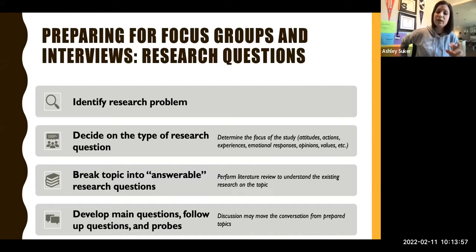With your qualitative questions, they'll be a little different, but again, you need to break your umbrella question into manageable, answerable research questions. And then after you have that research question, you start to develop main questions, then follow-up questions and probe questions. So you have that main topic, and then you decide what are the main things I need to know in order to answer the research question, and you develop some follow-up questions so you can dig a little deeper depending on where the discussion heads.